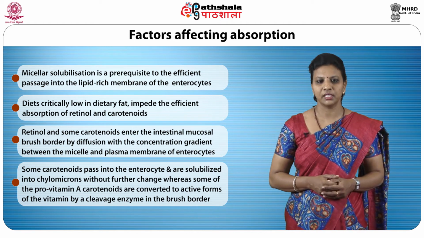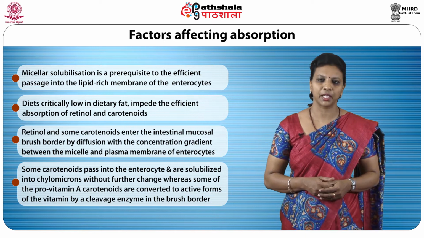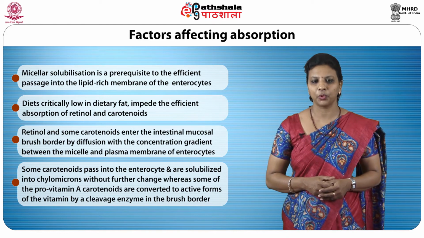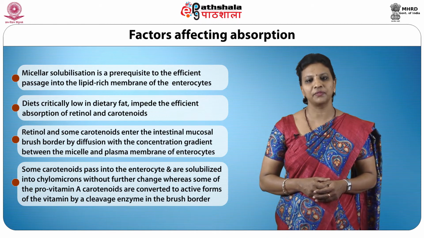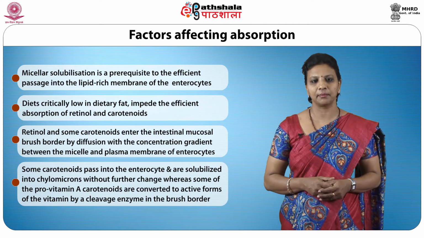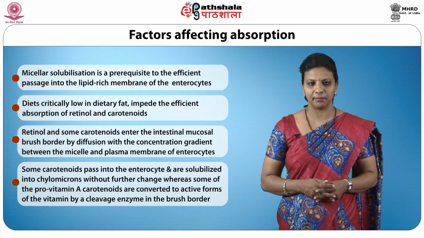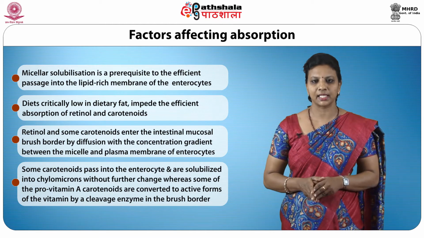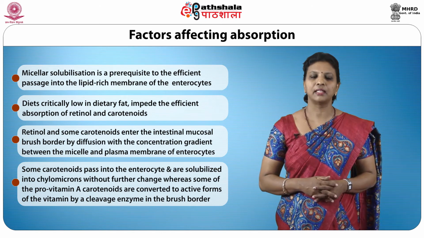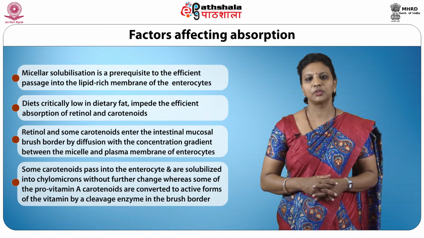Some carotenoids pass into the enterocyte and are solubilized into chylomicrons without further change, whereas some of the pro-vitamin A carotenoids are converted to active forms of the vitamin by a cleavage enzyme in the brush border. The newly formed products, namely retinol, retinyl esters and retinol produced from beta carotene, are then packaged into chylomicrons and readied for transport throughout the body.